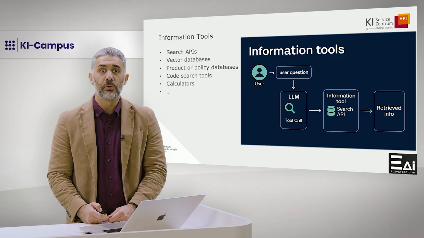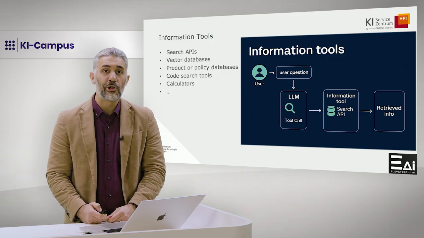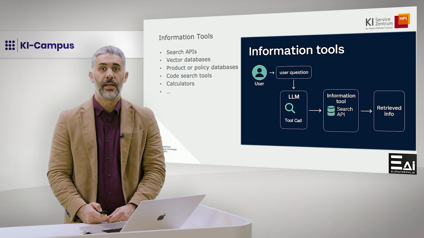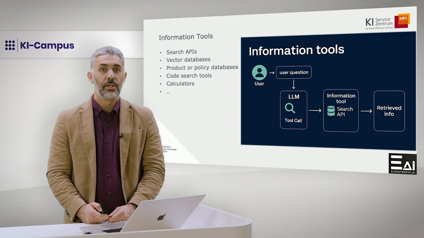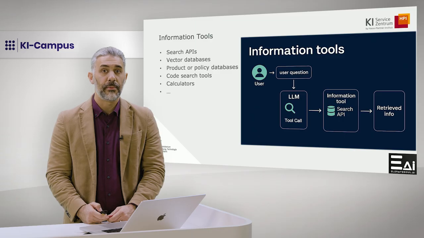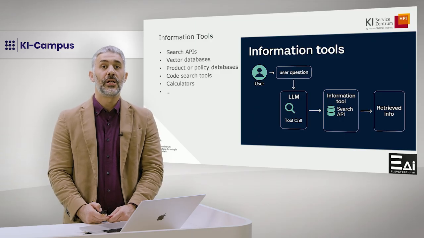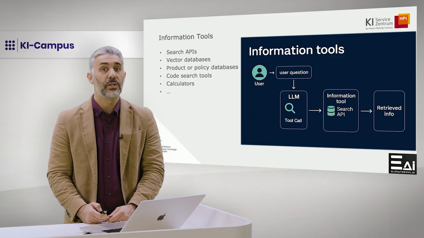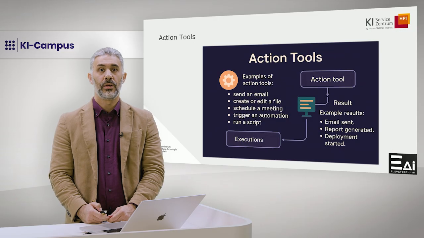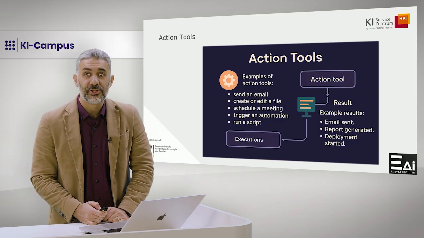With information tools, the model can pull in external knowledge on demand and then use that information to produce an accurate answer. This is what turns an LLM from just a text generator into a system that can reason with real-world data.